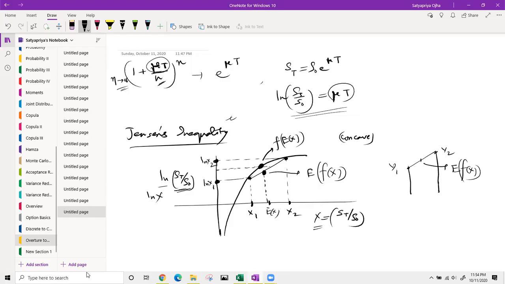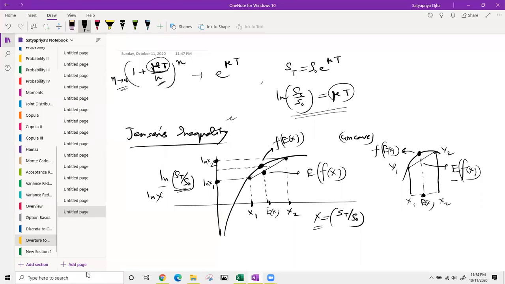But what is y at the average x? If this is x, my y is concave, so it's not linear, it's always in this shape. That means at the average value of x, which is exactly in the middle, the value of the function is here because it's concave. So this value is the value of the function at average x.